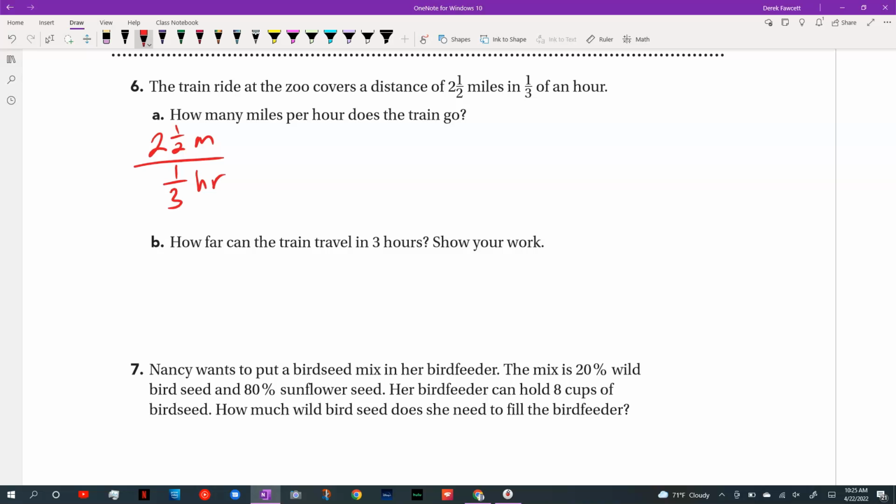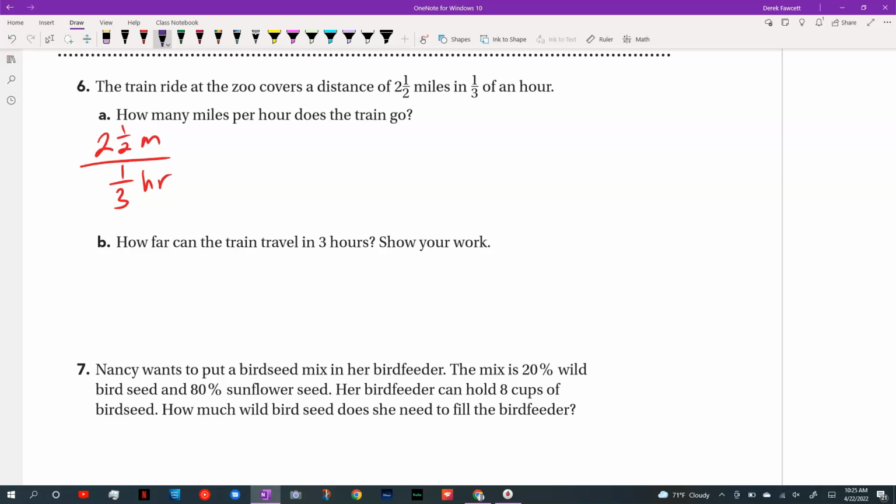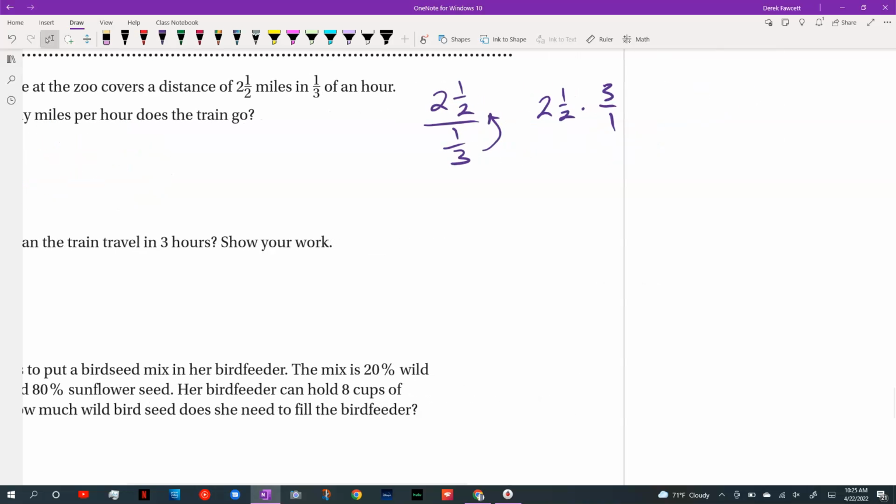Here's where understanding fractions comes in, right? Because I'll do this over here in purple. You're going to end up taking 2.5 divided by 1/3. That's what we're doing here. I'm going to bring this 1/3 up and multiply it by the reciprocal. So that would be 2.5 times 3/1. I'm going to change the 2.5 to an improper fraction. So that would be 5/2 times 3/1.